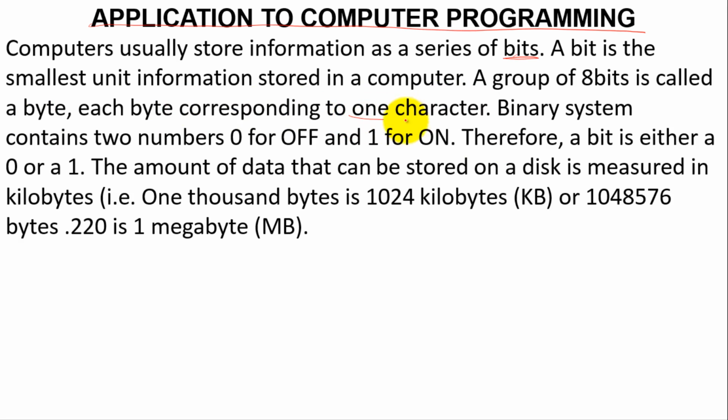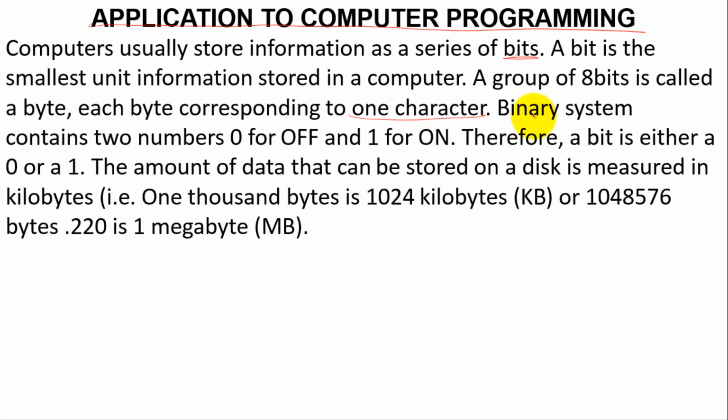one character. You might be thinking, what are we talking about here? Come and learn computer programming. Then you know more about characters, and more about binary and afterwards decimal numbers.